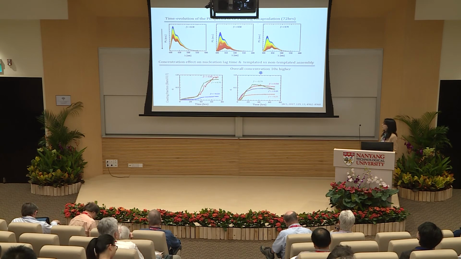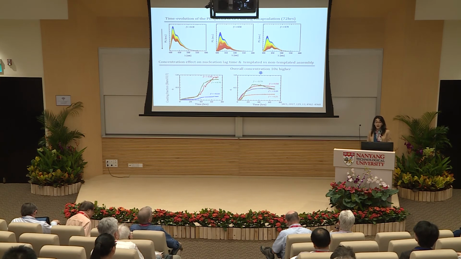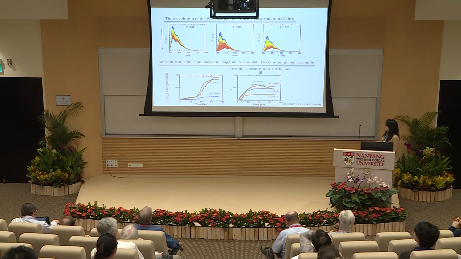And what we observed eventually is that the coating fraction, which is determined by the band 2 over band 1, is simply less when the concentration is higher. Even if you look at the right bottom graph, when F plus is 0.70, it is simply encapsulating the polymer, but then leaving the template and going somewhere else.